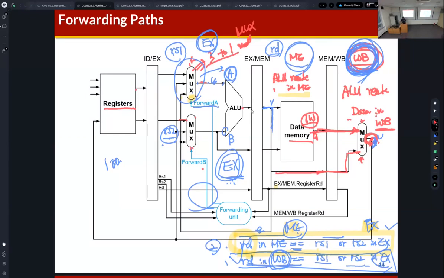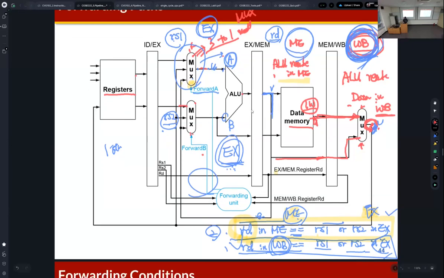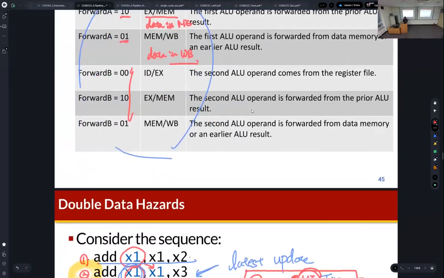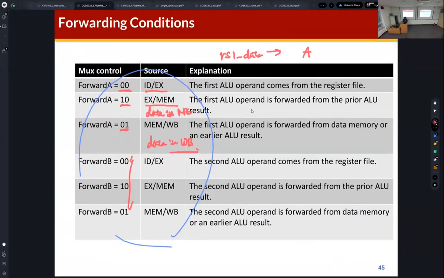The baseline concept of pipelining is very simple, but implementing data forwarding or the pipeline stalls is a little bit difficult. So please watch the lecture video.